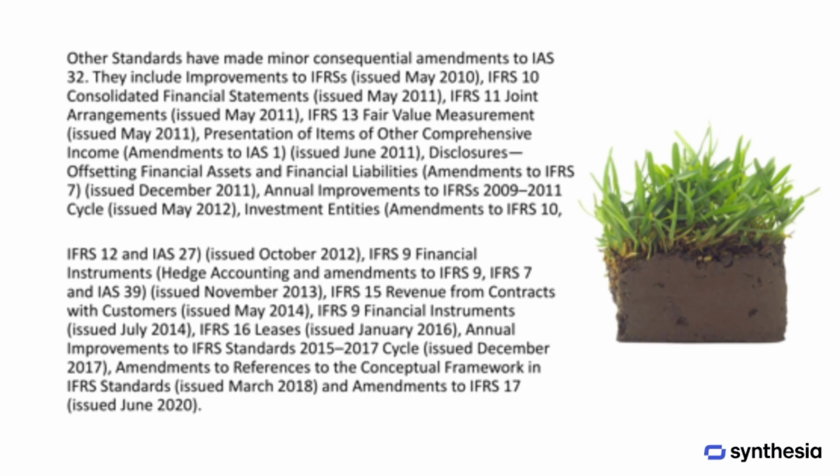They include updates from improvements to IFRSs, revisions related to consolidated financial statements, joint arrangements, fair value measurement, revenue recognition, leases, hedge accounting, and financial instruments. Each of these amendments ensured that IAS 32 remains consistent with evolving standards, providing clear guidance on the presentation of financial instruments while reflecting the latest accounting practices.